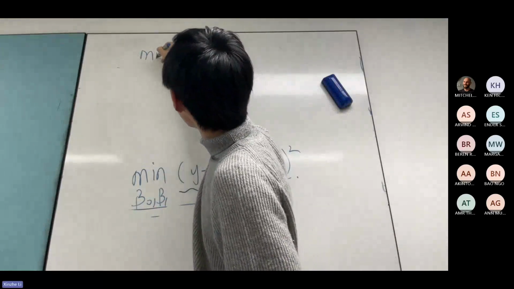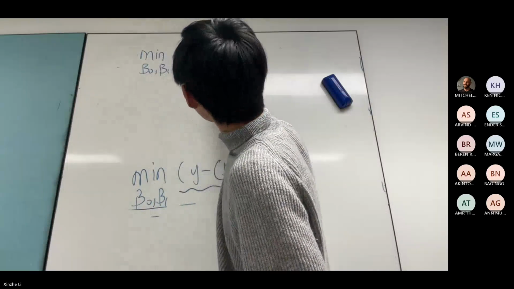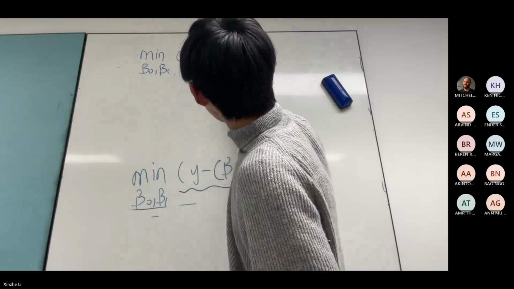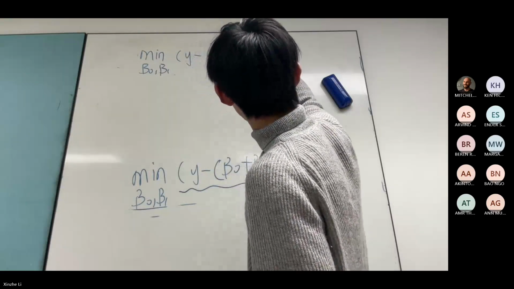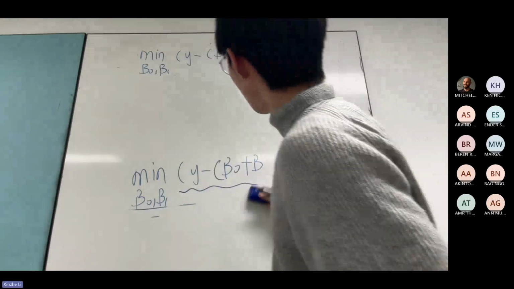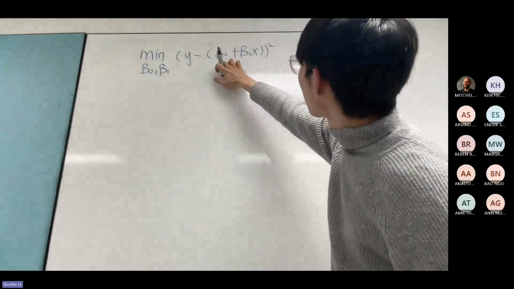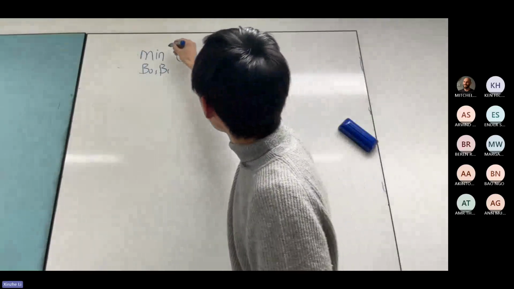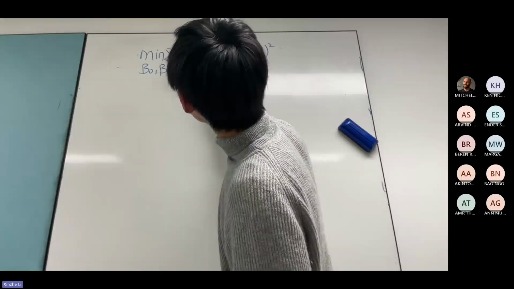So let me figure that out. How to find beta 0 and beta 1? Actually, we have a lot of data points, right? So I should do the summation.